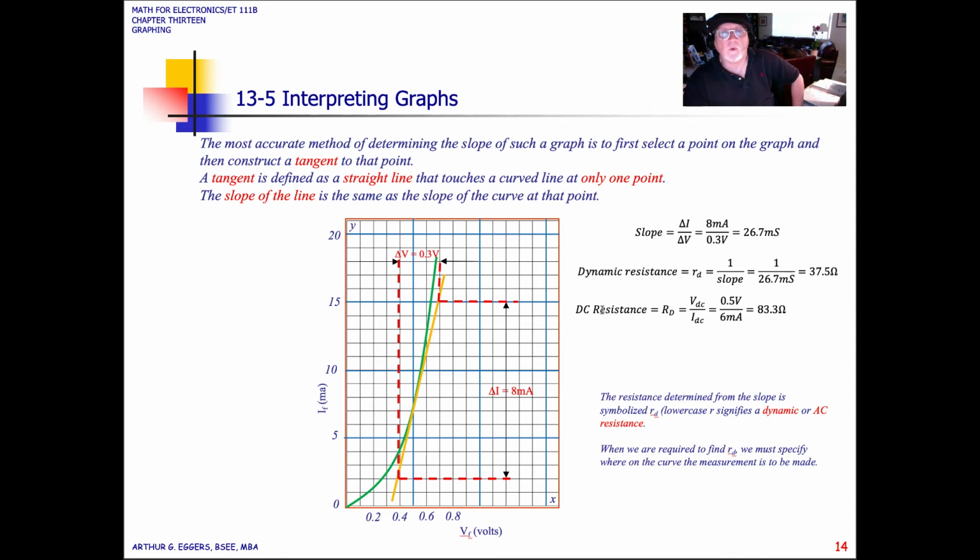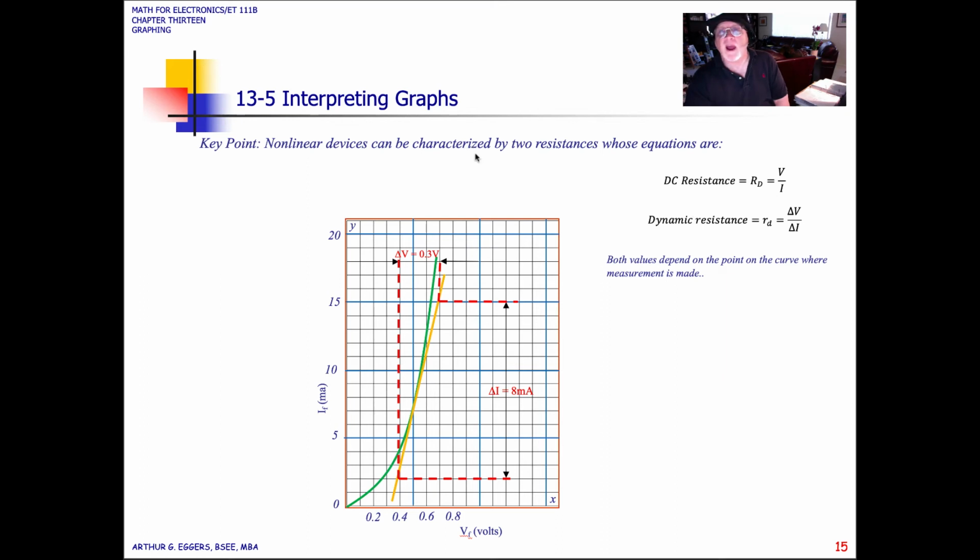If we pick one point, though, on the line, this becomes the DC resistance, and you'll notice that the DC resistance gives us a much larger resistance value. Again, this becomes the instantaneous value for that resistance.